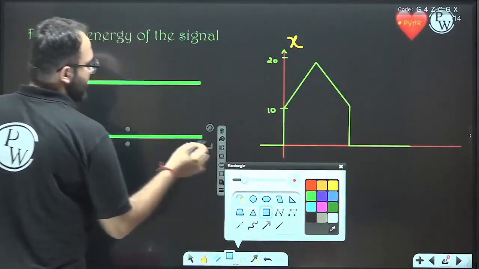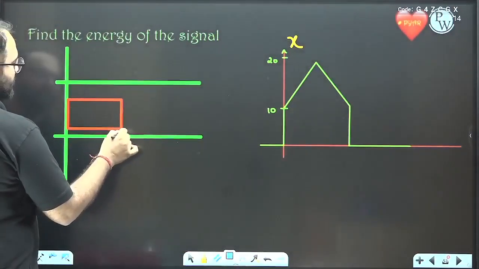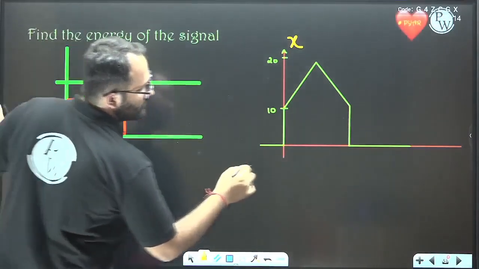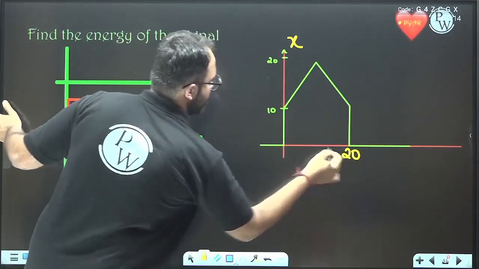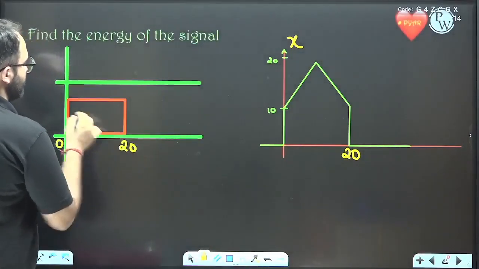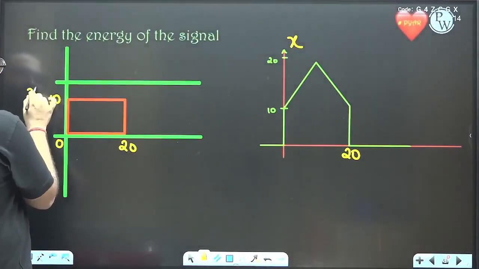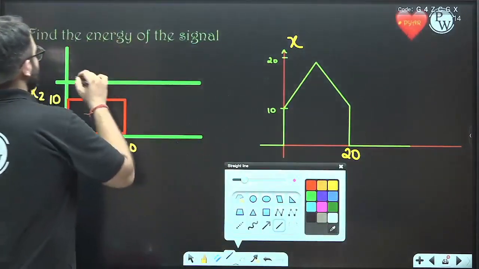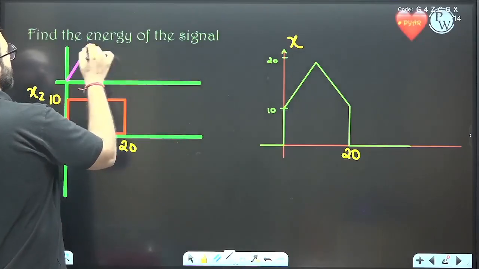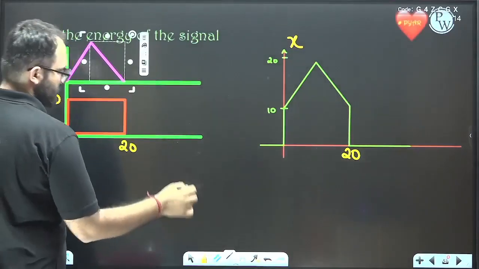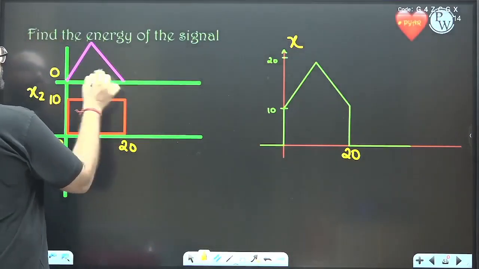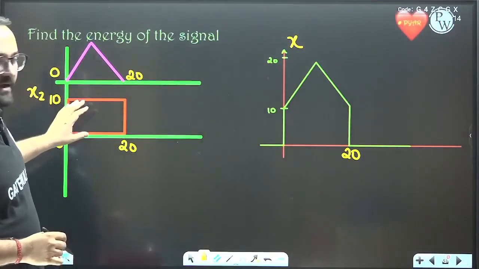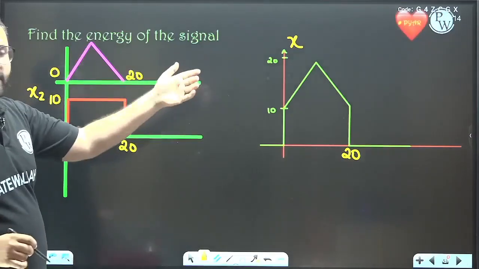One signal is a rectangle of height 10, from 0 to 20. This is your x2, and x1 is the triangle, also from 0 to 20. The rectangle height is 10, and the triangle height is 10 only.